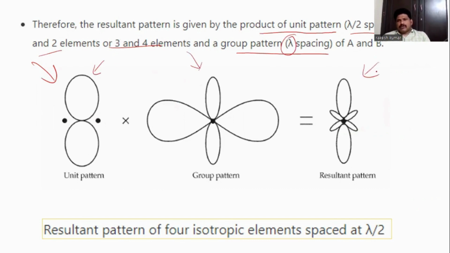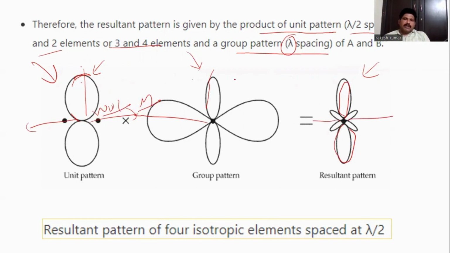How will you get this one? Whenever in this diagram you are having major radiation in this direction and major radiation in the other direction, where both sides have major lobes, we will get the major lobe. But if you observe in this direction, here you are having a null and here a major lobe. So when a null and a major lobe are there, you don't get any wave.